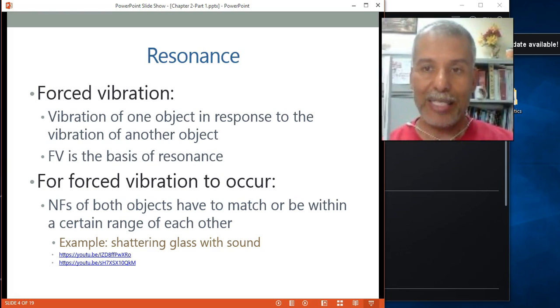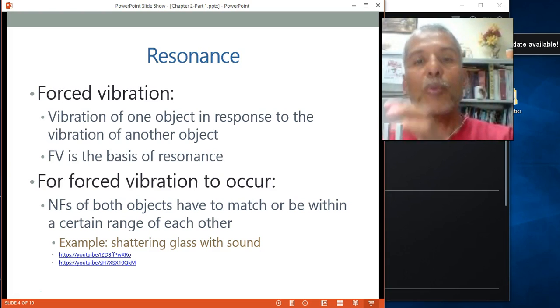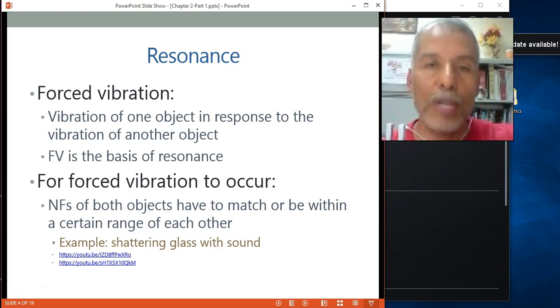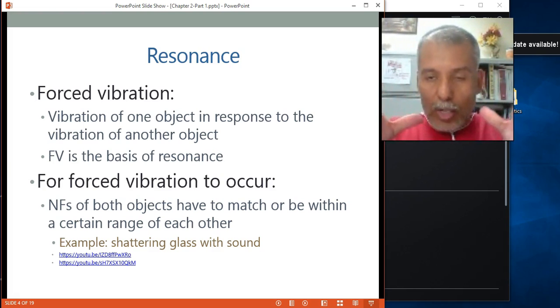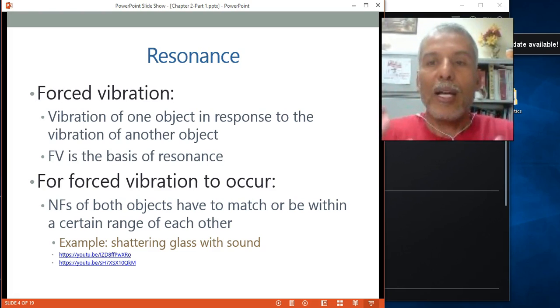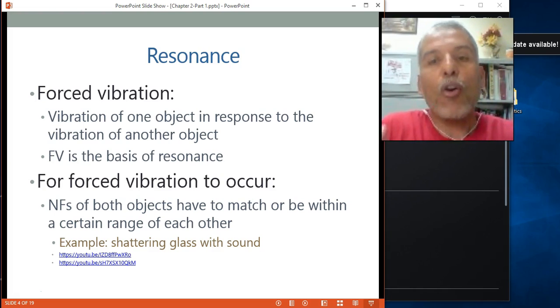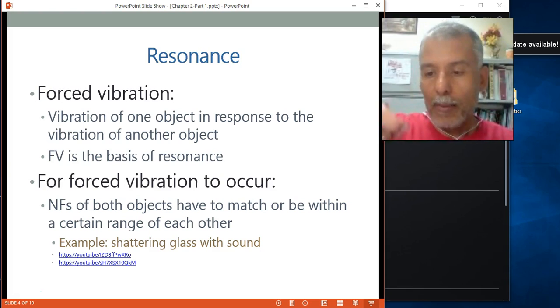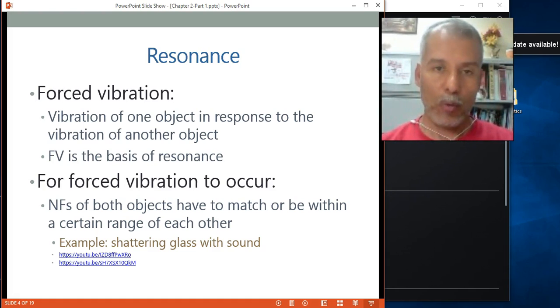So resonance is a reaction, the sound that is produced in response to an original sound. For example, we have a guitar string. Under the guitar string there is a wooden box that has a certain shape, and it shapes an air column inside of it. When you pluck the guitar string, that is the applied frequency, the driving frequency.